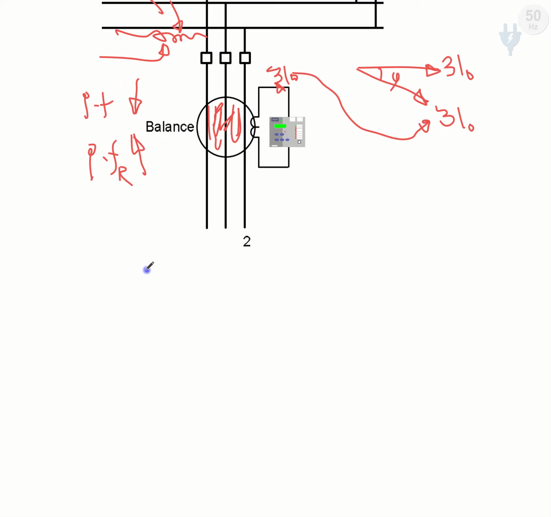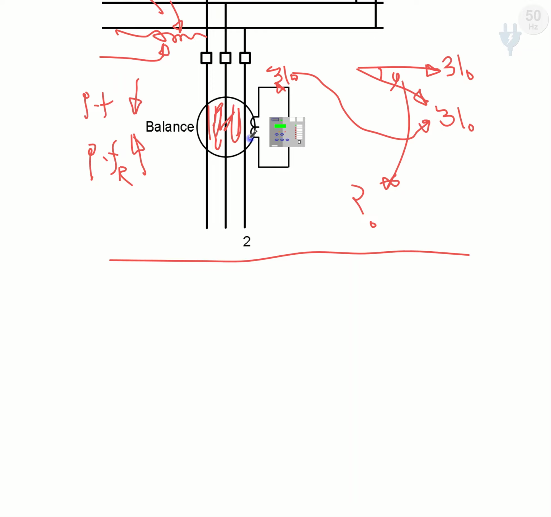Now the question in your mind will be how much this angle will deviate, and how much angle we should enter to the relay so that it understands this amount is the deviation and error angle.